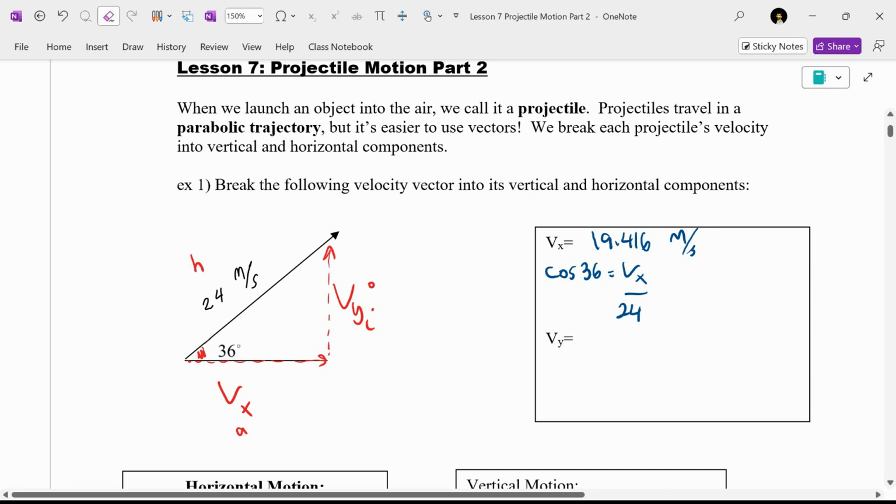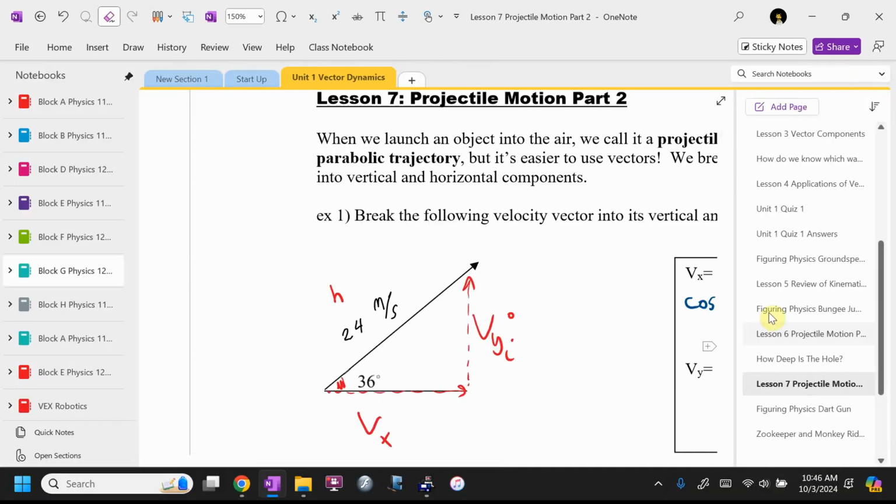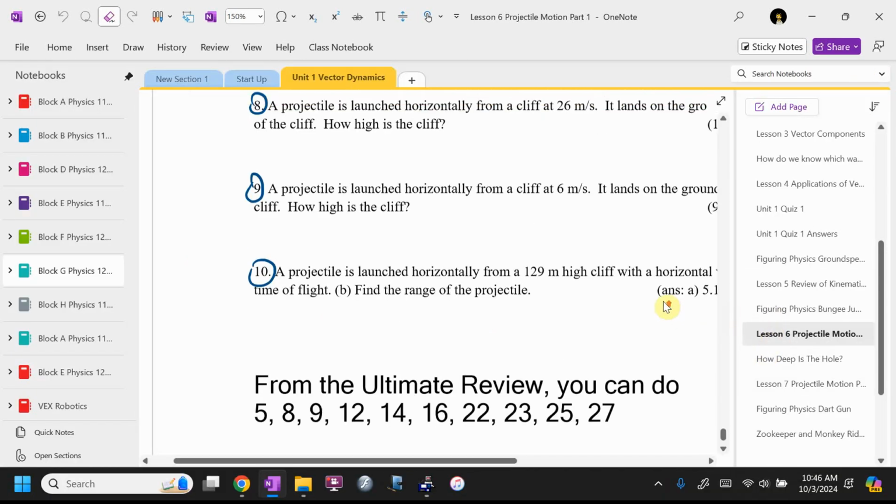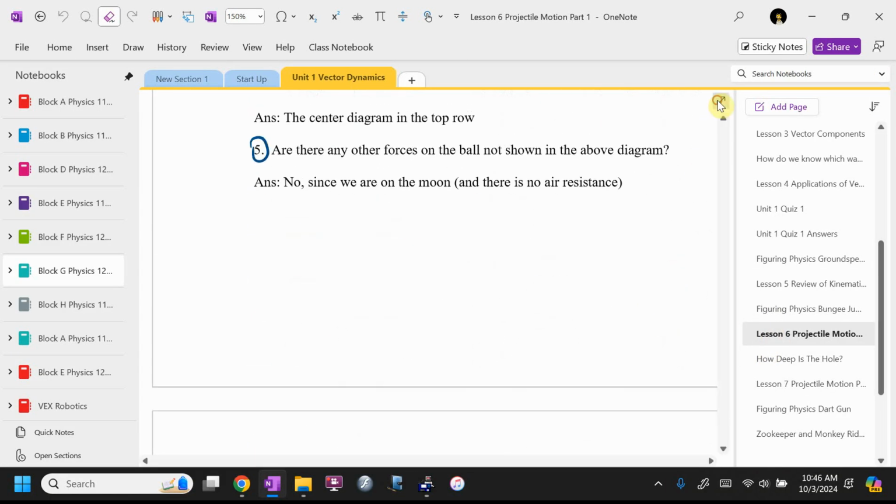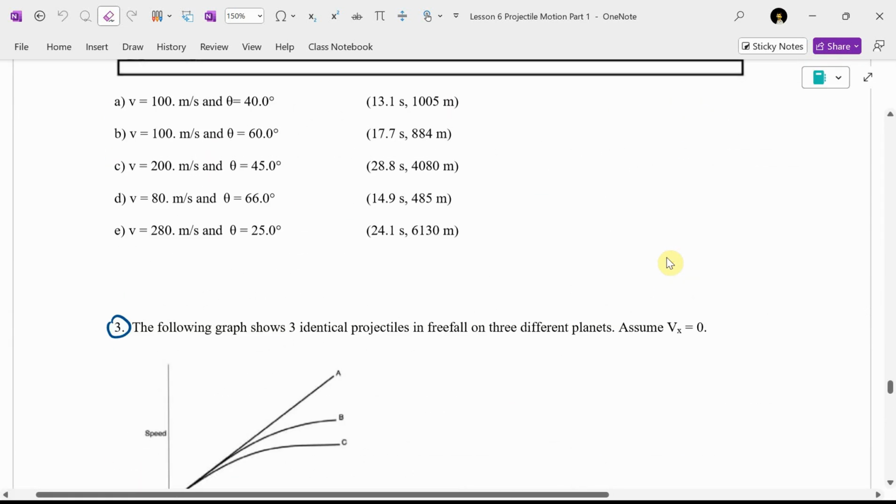Which trig function is Vy going to be? Wait. You're right. Which trig function is Vy? Say it again. Not to make fun of you, but to make a point. Which trig function is Vy? Say it again. Lesson 6, when we looked at ground at an angle.